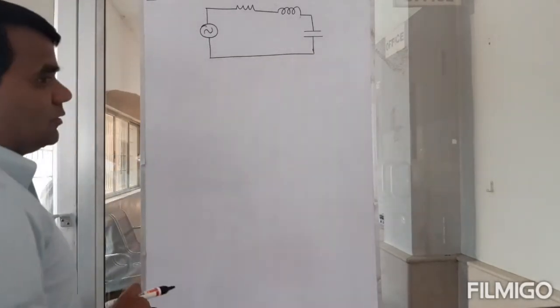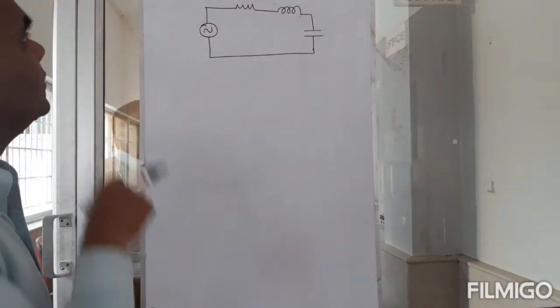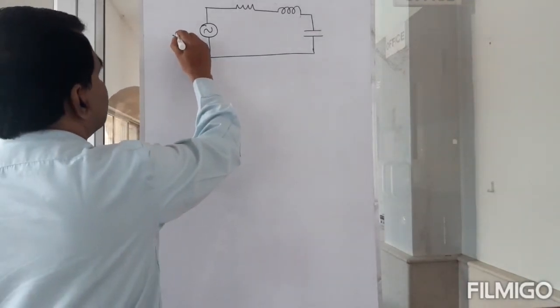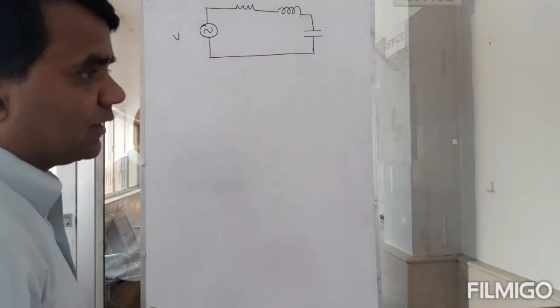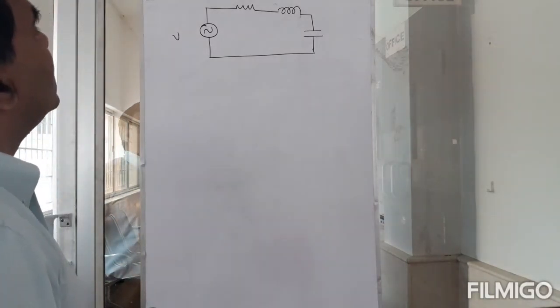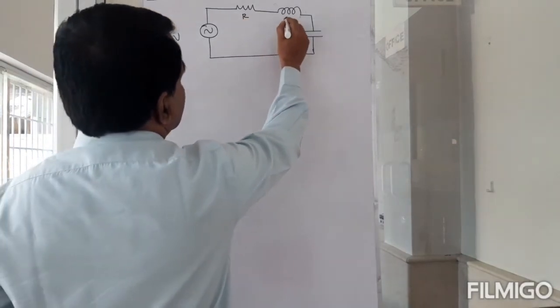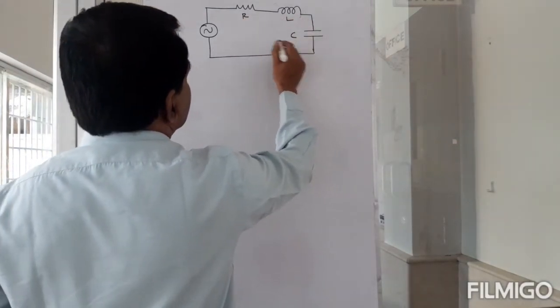I connected them all together. Okay, so this is V, the applied voltage, right? And I have R here, and then L here, and then C here.